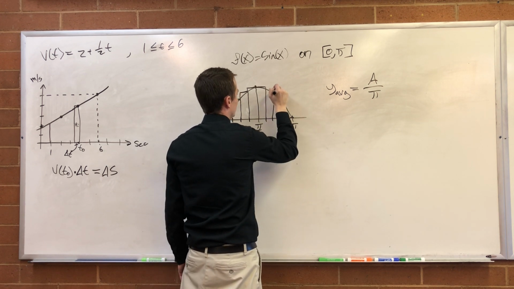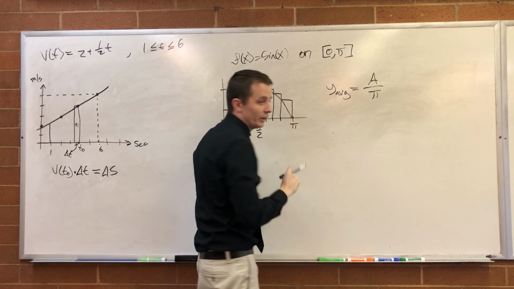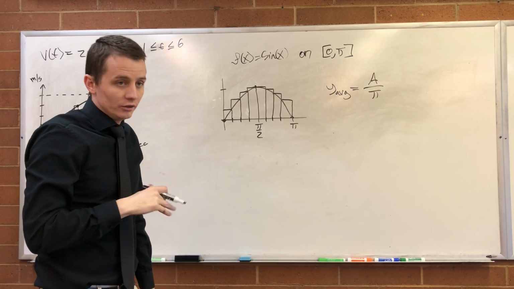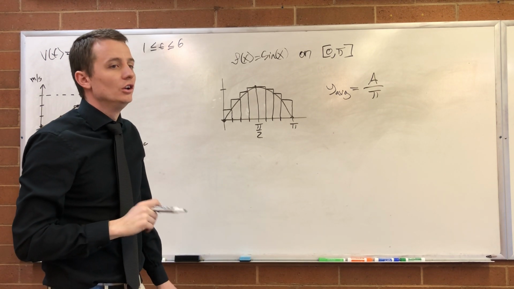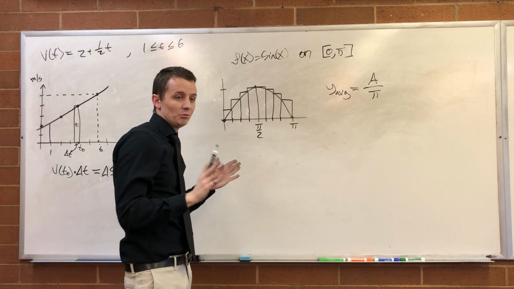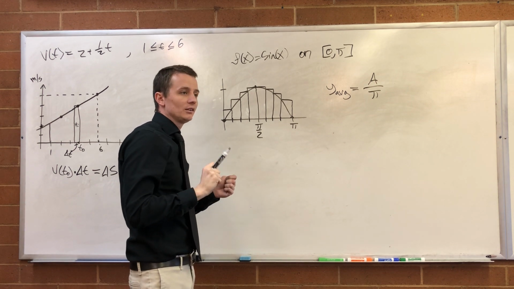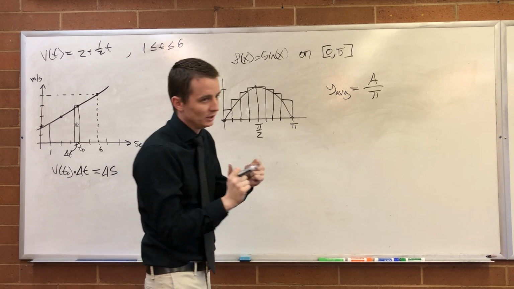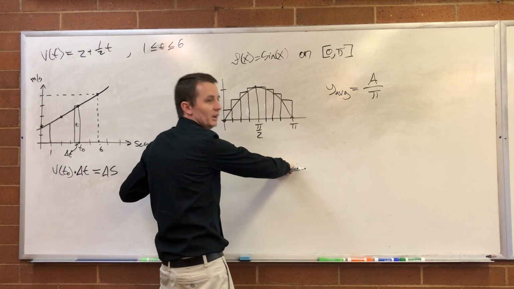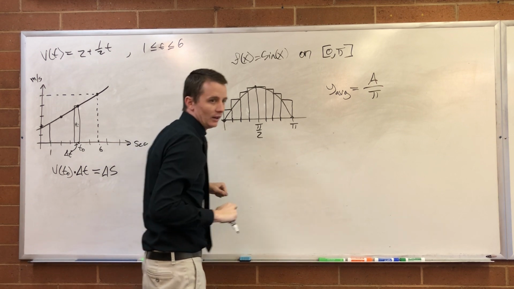Why would you want to do that? When you come at calculus rigorously, so in a real analysis class, you really only use these upper and lower rectangles, and you really only ever sum those up, and we call them upper and lower Darboux sums. You take the limit of the lower Darboux sum and the limit of the upper Darboux sum, sandwich the actual value of the area in between them, and that's how you calculate the area.